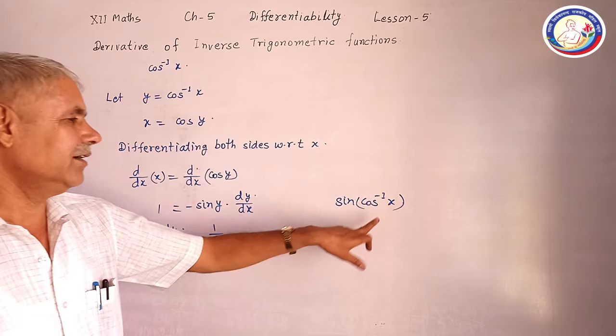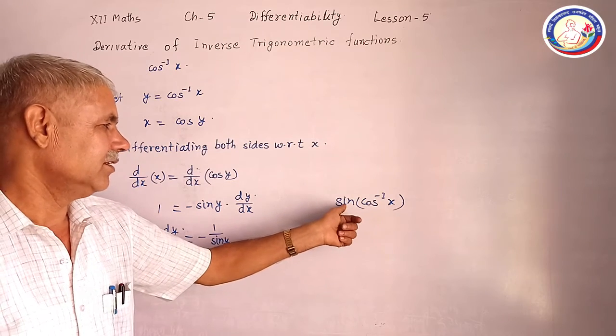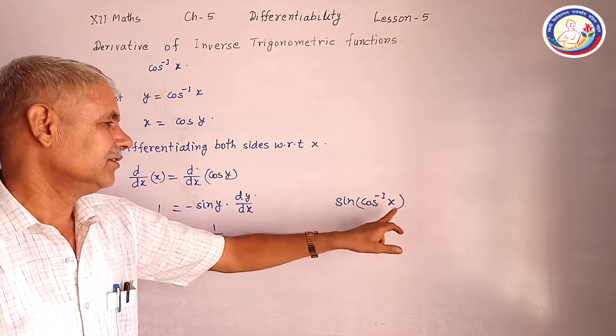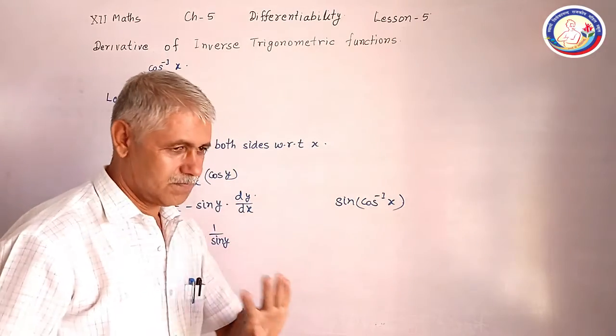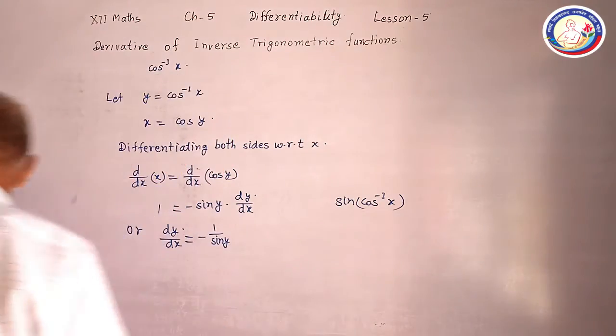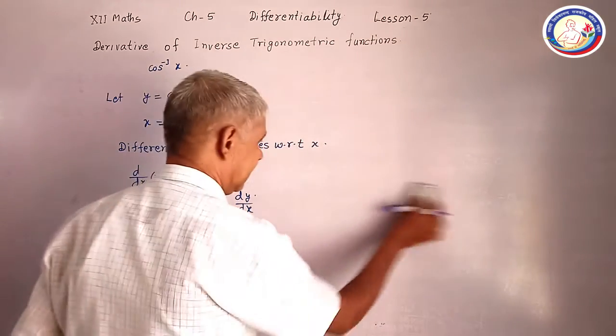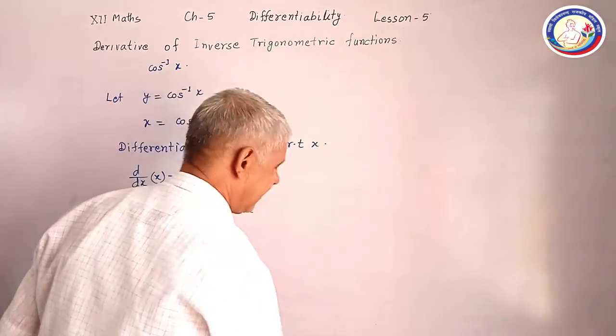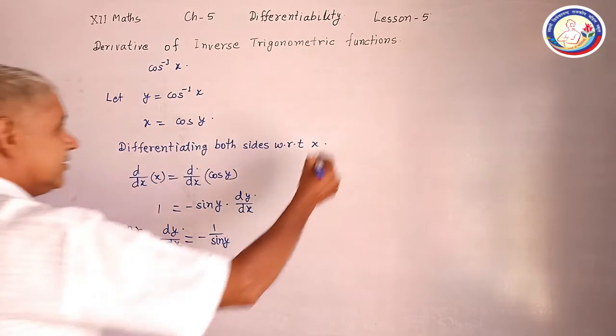It will not make it easy because here it is sine and it is cos. So we are taking another way or another trick. In your textbook, there is given a procedure. I am taking another procedure here.